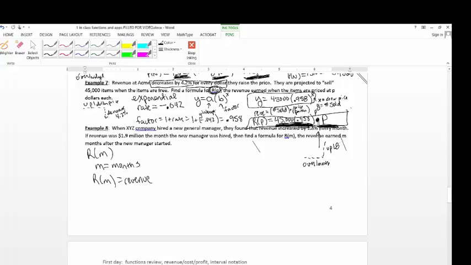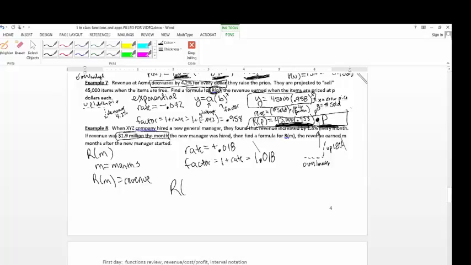Again, this is exponential. We have a fixed percentage increase. In this case, they said the rate is positive 0.018, 1.8%. So our factor is 1 plus rate. In this case, then, our factor is 1.018. Revenue was 1.9 million in the initial month.